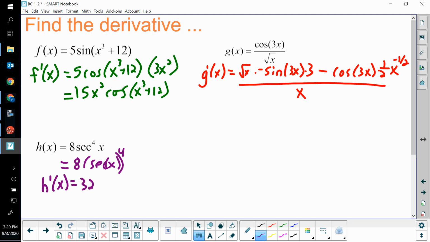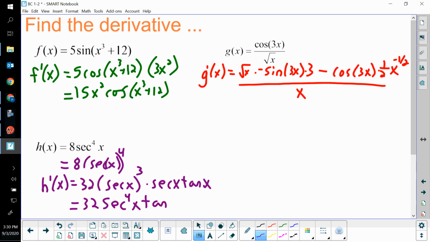We'd have 32, we'd have secant x now to the 3rd. But then we got to do derivative of the inside. So secant's derivative is secant tan. Free response, you could leave it like that, but if it's multiple choice, still have it neatened up. So we have 32 secant to the 4th x tan x.